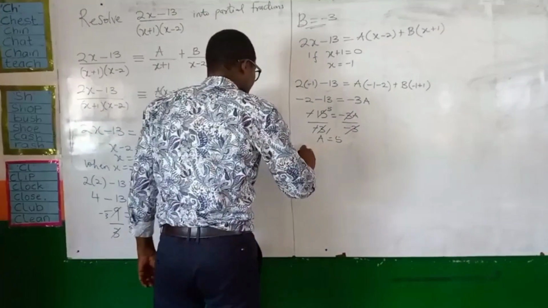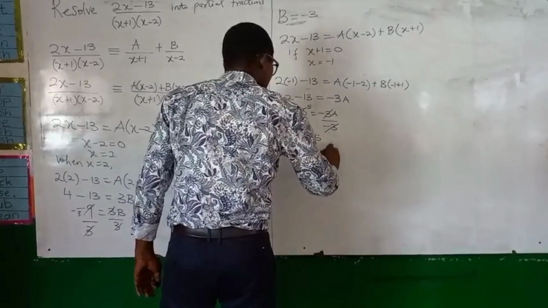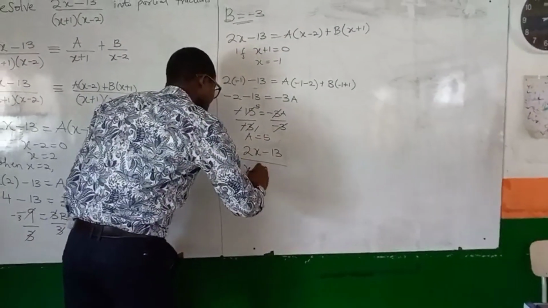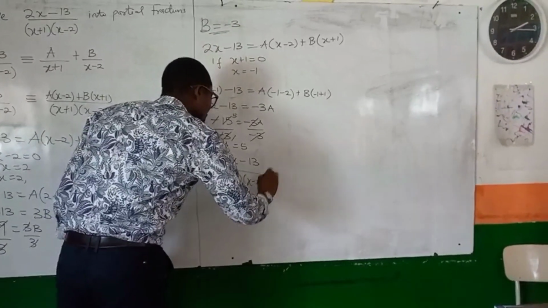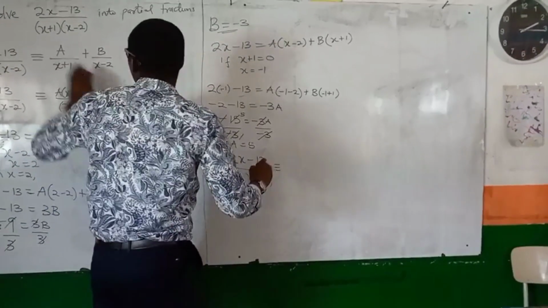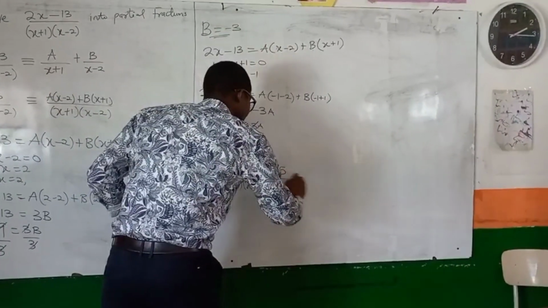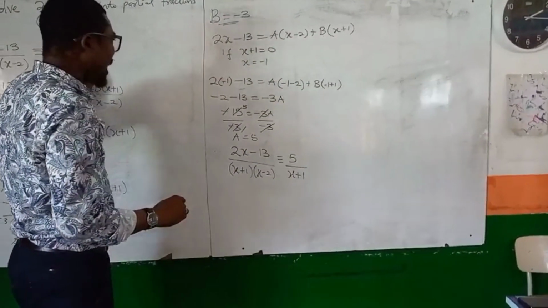So I will now say that therefore this expression, 2x minus 13 over x plus 1, x minus 2, resolved in partial fractions will be my a. I found my a to be 5. So 5 over x plus 1. Then my b.